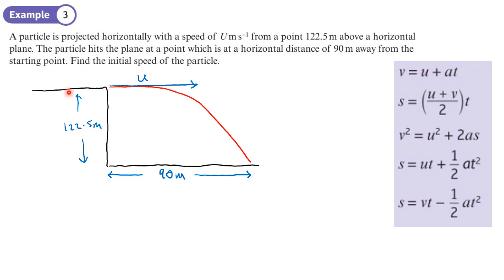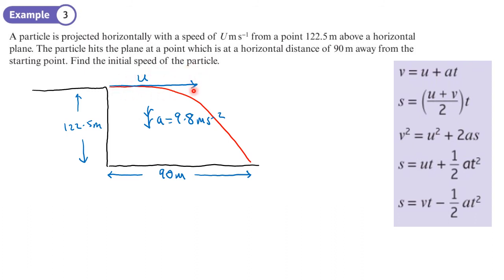So this is going to be a combination of horizontal and vertical. So let me just put on the acceleration going downwards, like that. Now, if I start looking at the horizontal information, there's not enough information for me to work out the time, because I've got the distance, yep, but the time is unknown, and the speed is unknown.